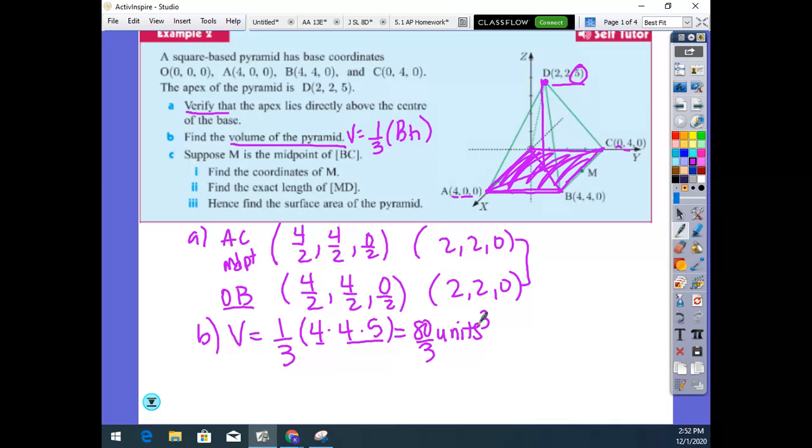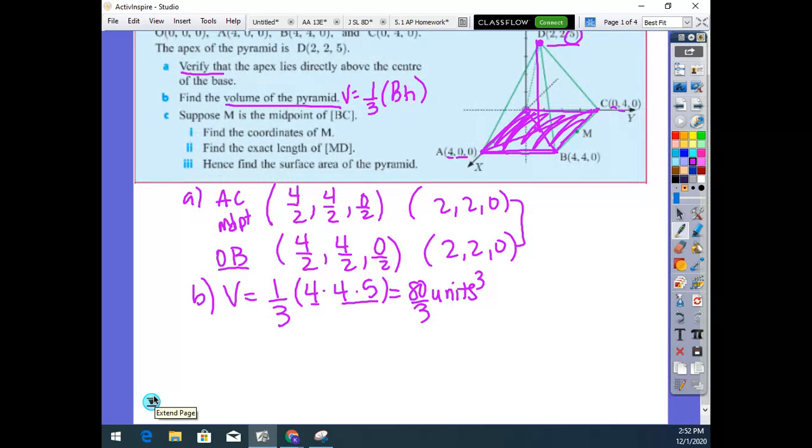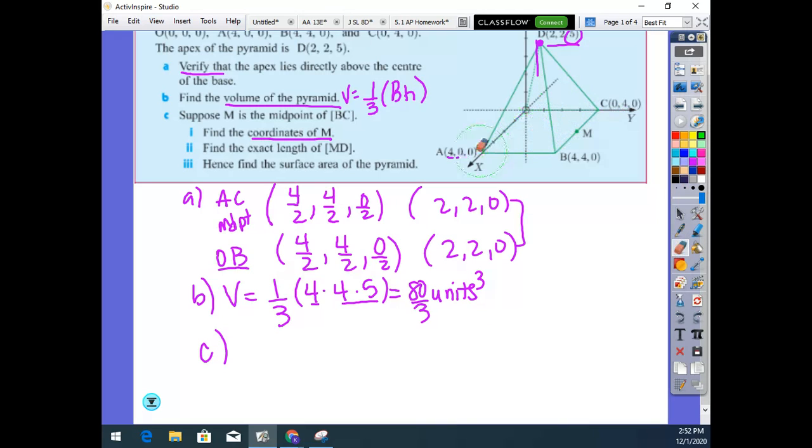All right, then letter C says find the coordinates of M. I've kind of drawn all over this. All right, find the coordinate of M. That's the midpoint of BC. So our M coordinate, we've got to average our x's.